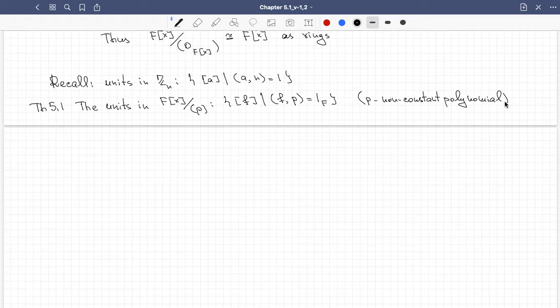As I said, the proof is roughly the same as in the case of integers, and I skip it.